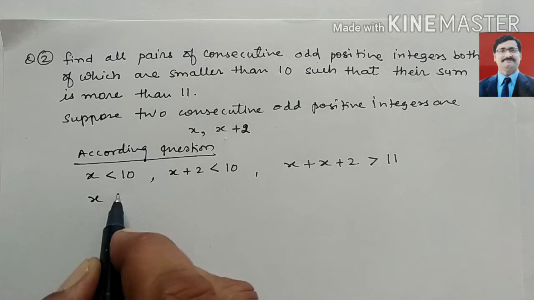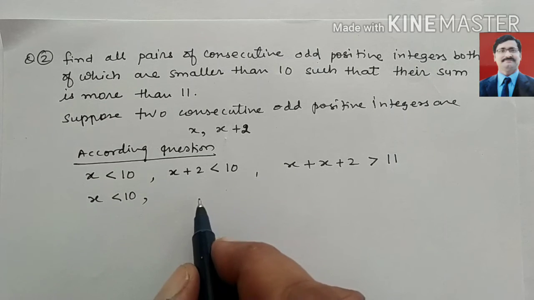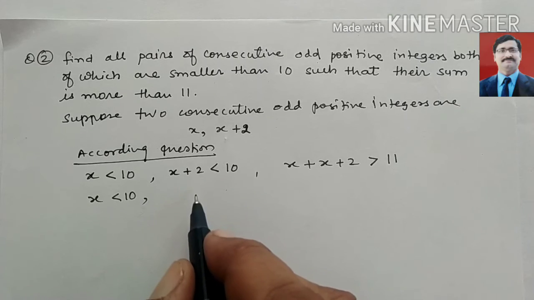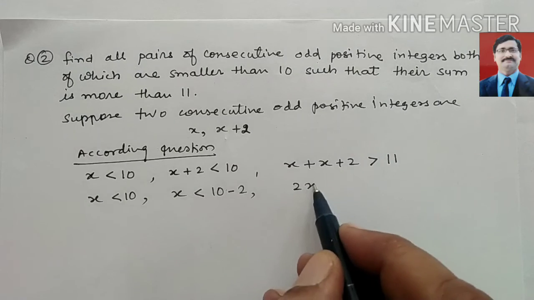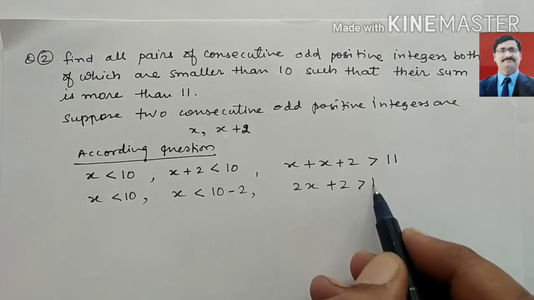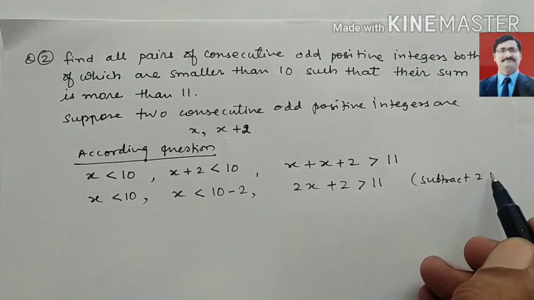Now look at this, x less than 10 we write as it is. Now this 2 we will subtract, so we get x less than 10 minus 2. Here we will add: 2x plus 2 greater than 11. You will write here, subtract 2 from both sides.